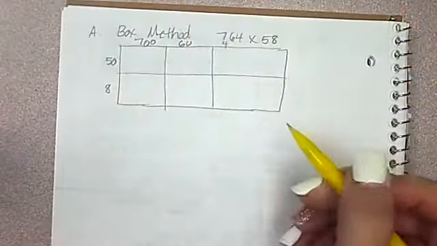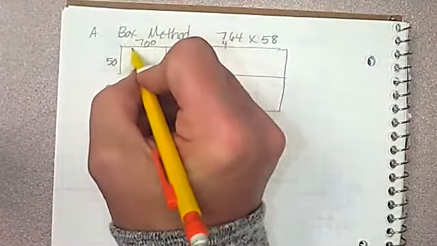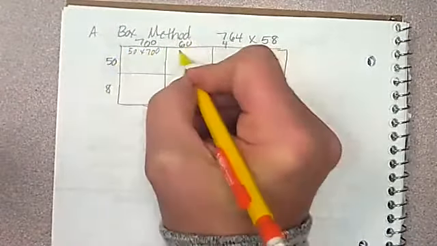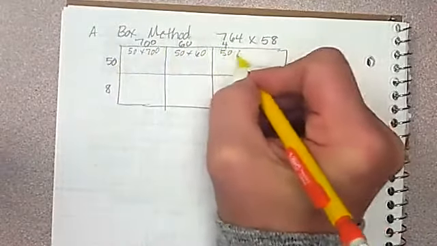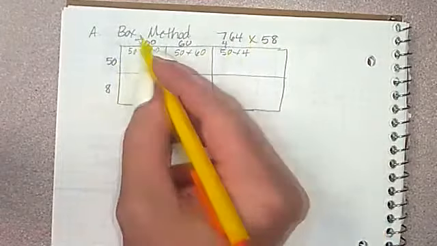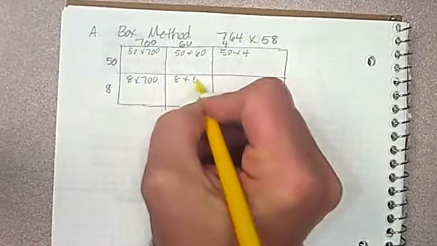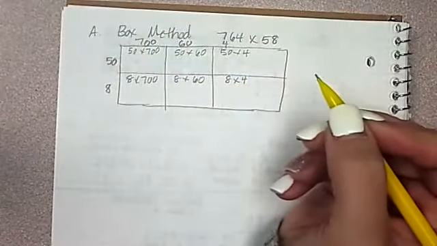All right, so here we'll multiply 50 times 700, 50 times 60, and then 50 times 4. You can see the multiplier here is 50. And then here we're going to multiply 8 times 700, 8 times 60, and 8 times 4.